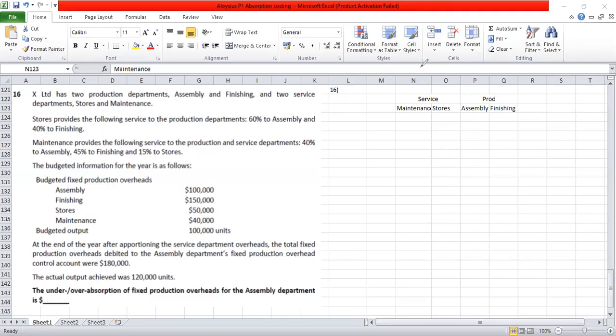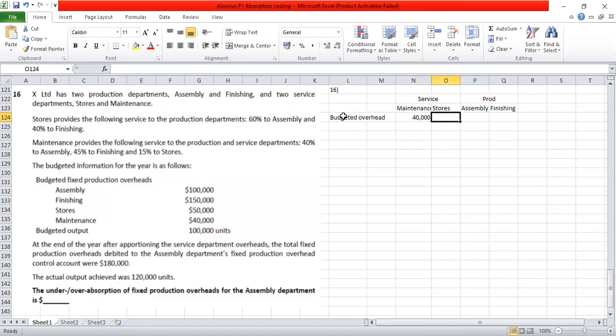Now that's the primary information, and the amount of overhead costs are also given for assembly, for finishing, for stores, for maintenance. We have the set of data which is given. For maintenance, it is 40,000.